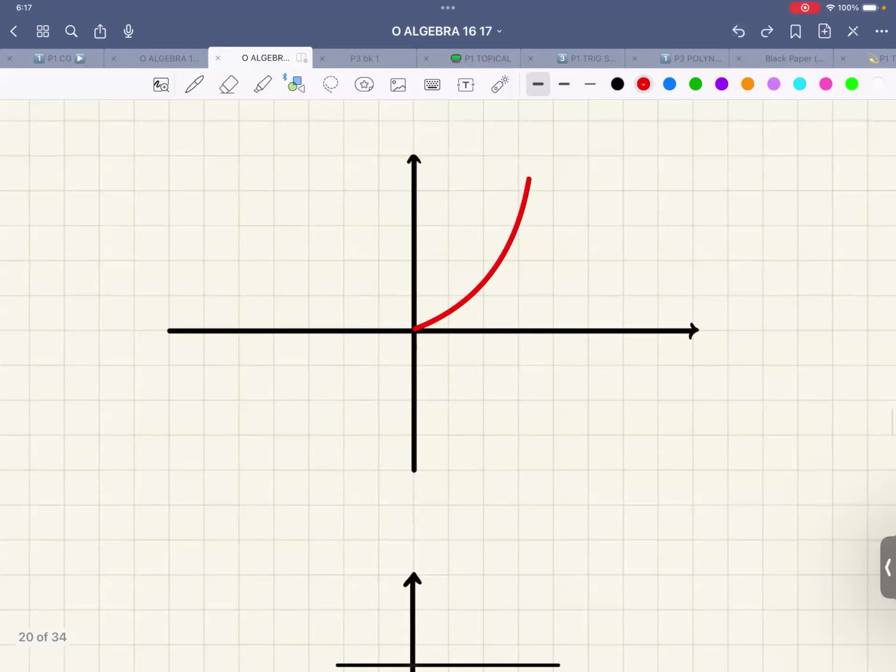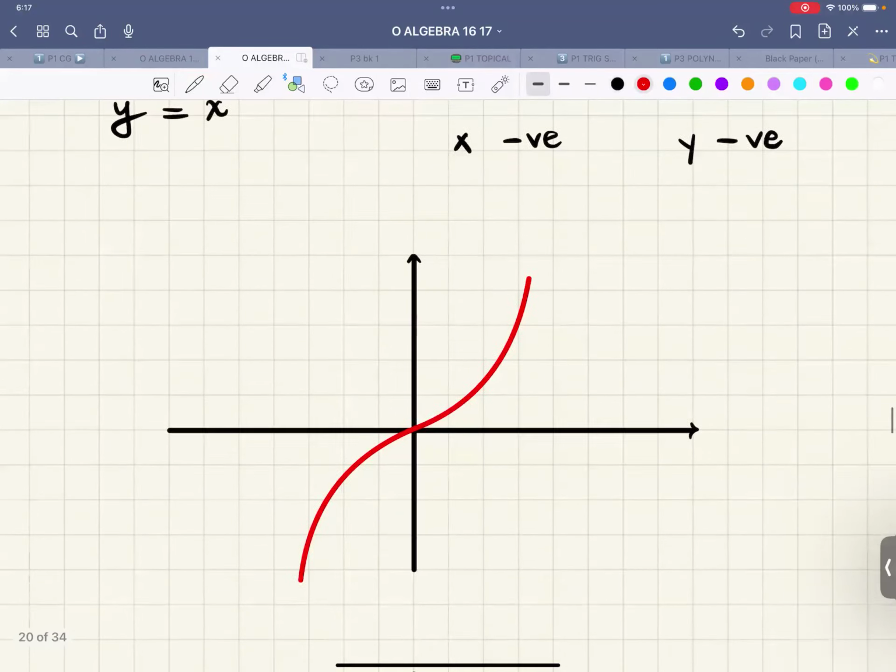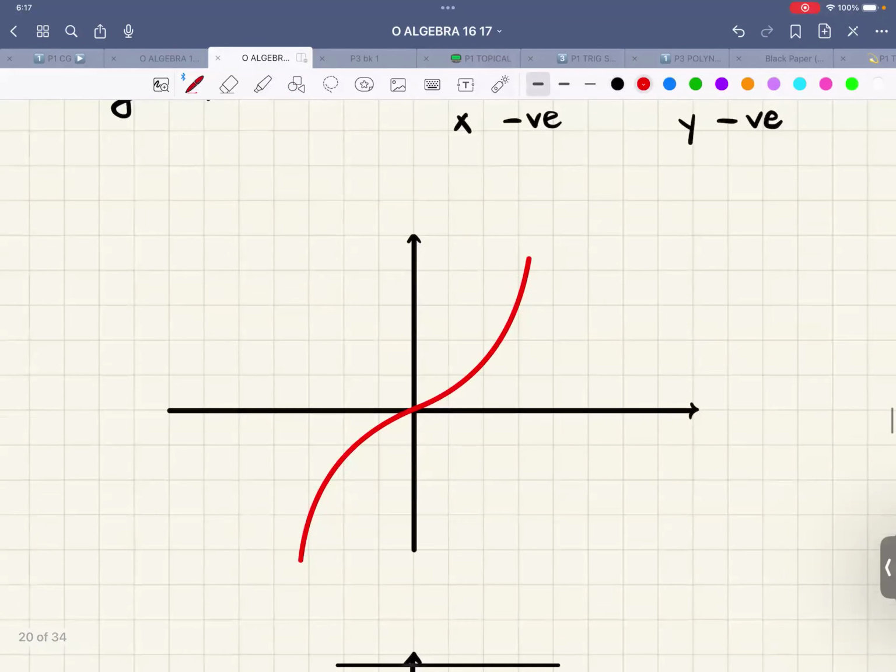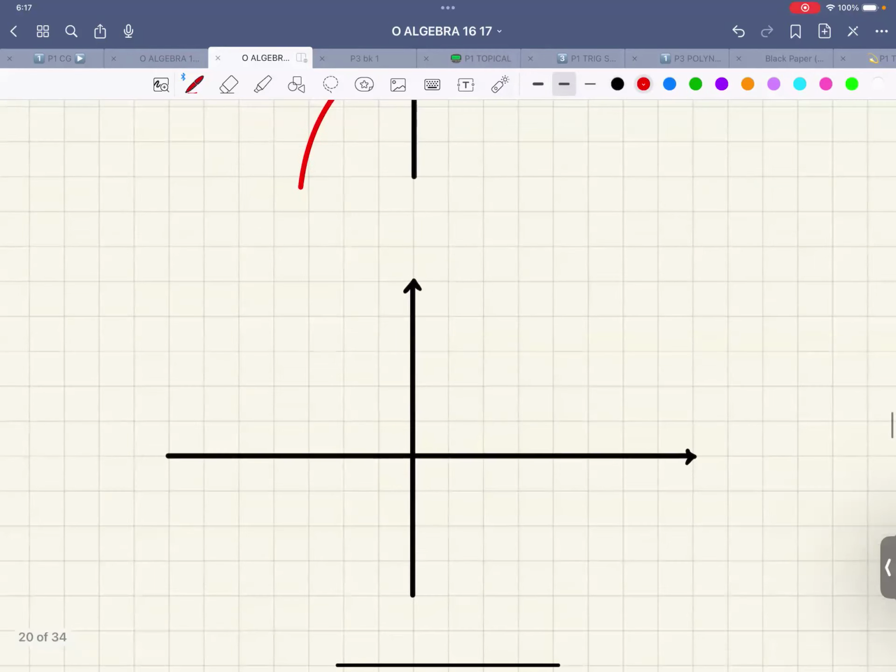Let me draw it a bit longer, and let me write over here, y is equal to x raised to power of 3. And this particular graph that I'm drawing goes like this. This is y is equal to negative x cubed.